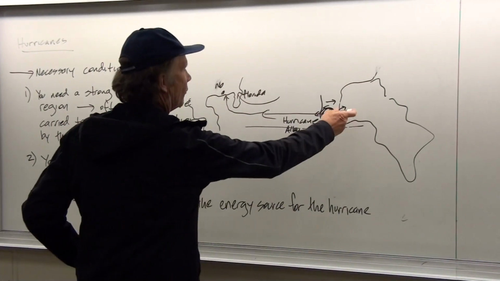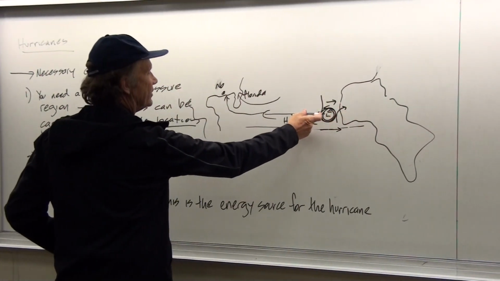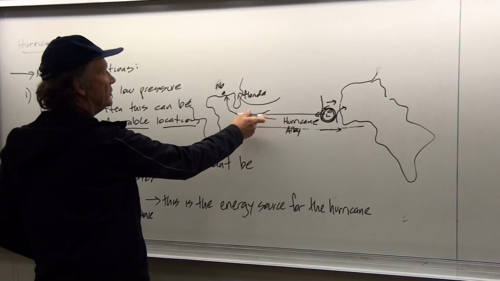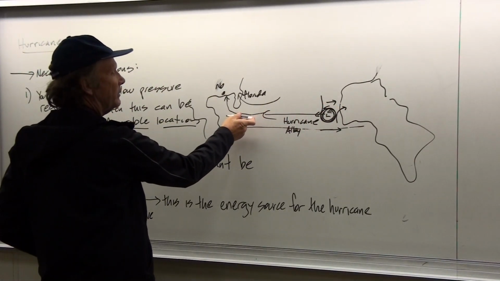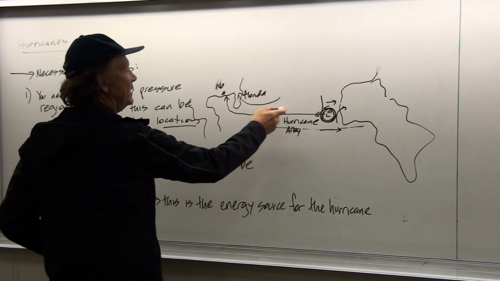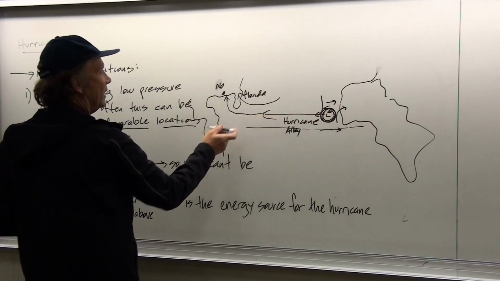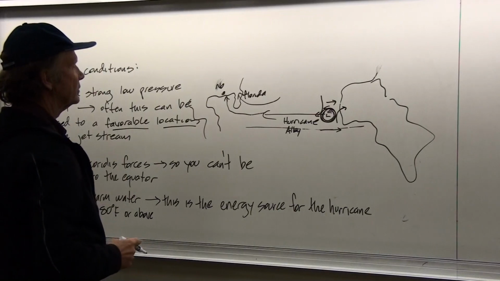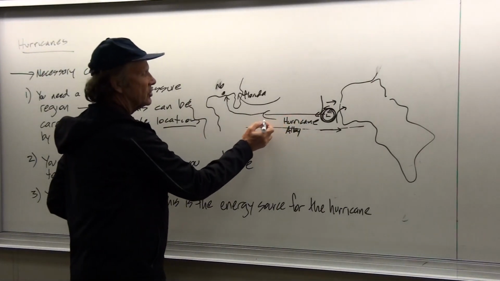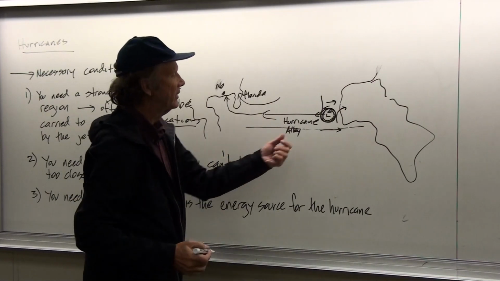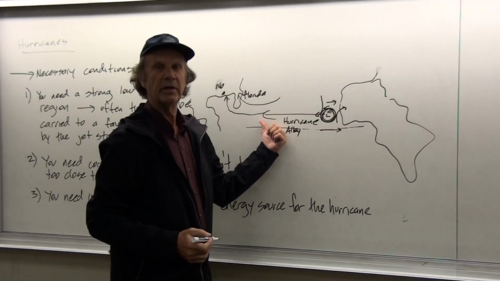But what will tend to happen as a hurricane moves with these trade winds, these winds that are coming from the east that are driving these storm systems across the Atlantic, is if the water temperature is high enough, the hurricane will build strength.